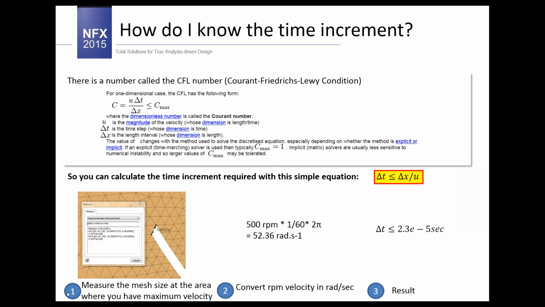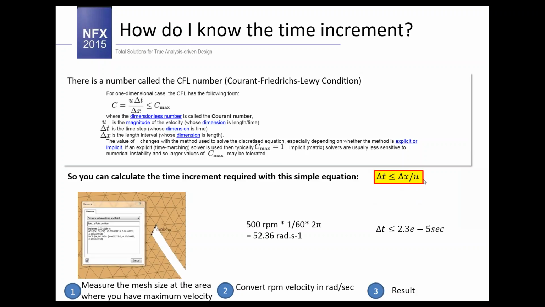The first thing I do is measure the mesh size at the area where I would have the maximum velocity. In this case, I know the maximum velocity is around the blade. So the mesh size around this area is 0.001, because this is the mesh size that I defined, divided by u.